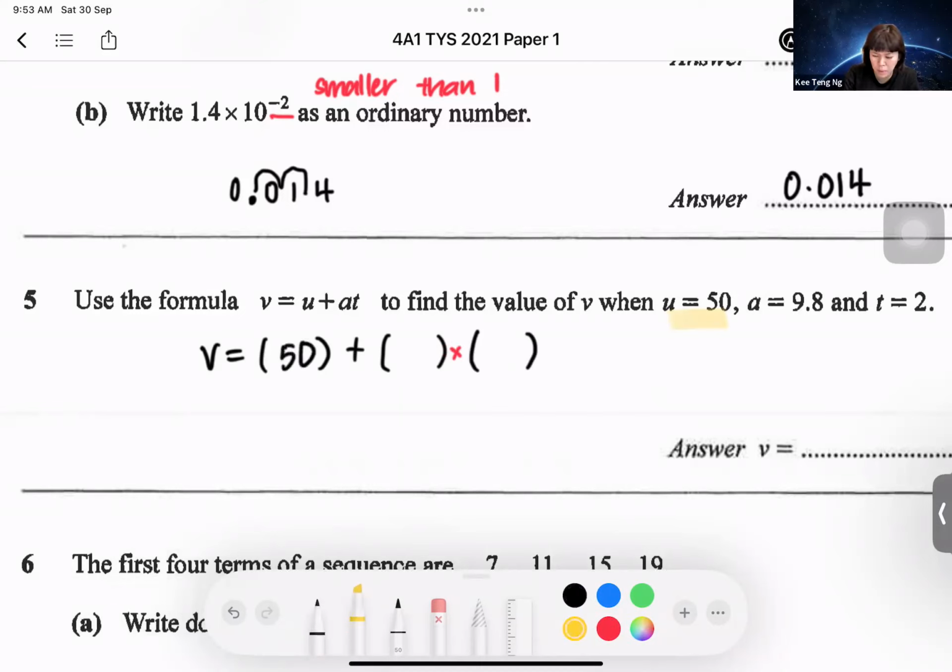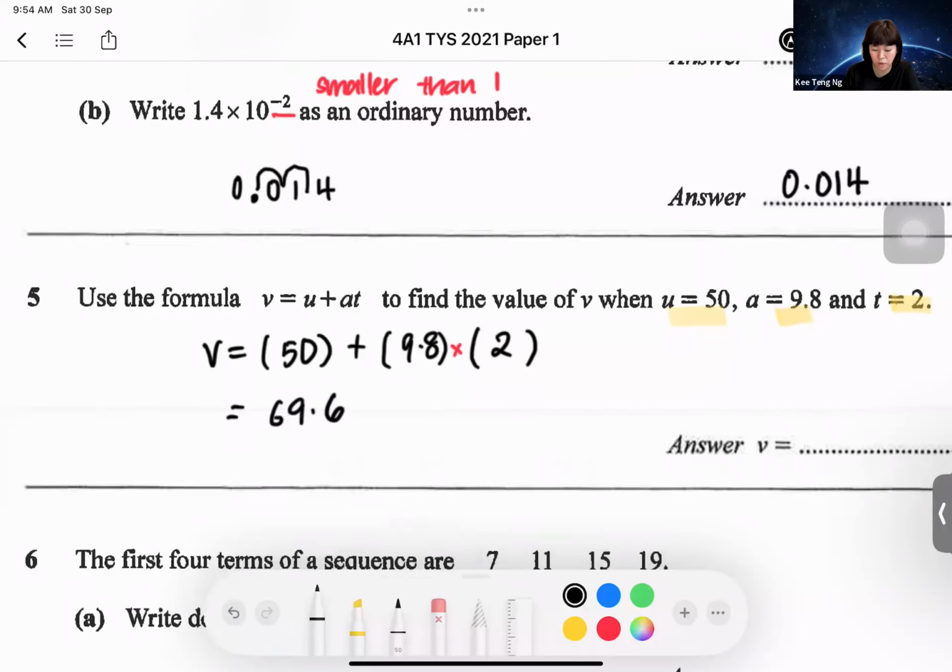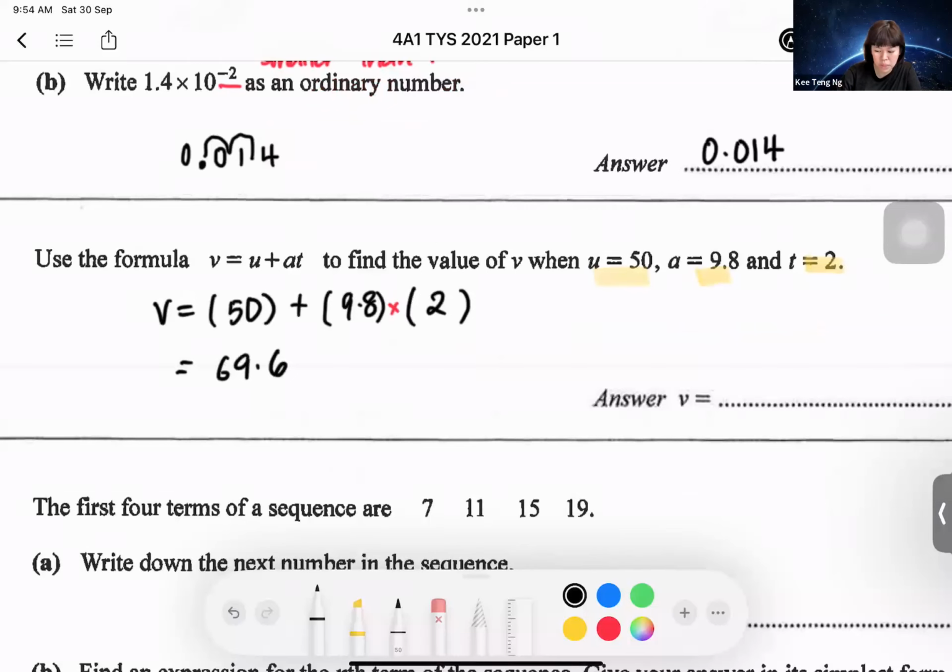A is 9.8, so we have 9.8, and T is 2, so times 2. So it's 50 plus 9.8 times 2 to give me 69.6. This is an exact value. Do not round it off to a specific or nearest number. So copy down the exact value.